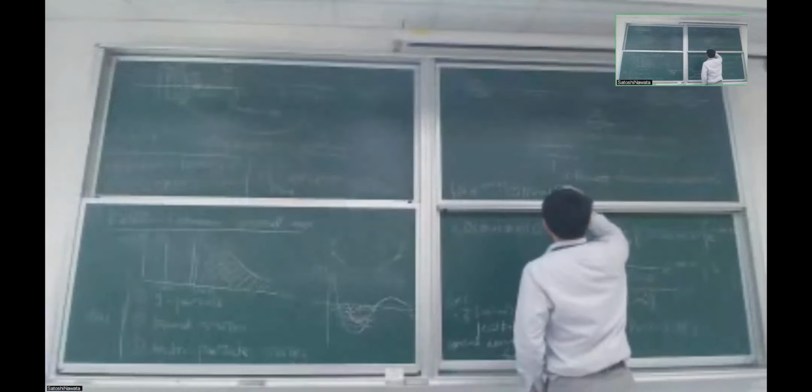So phi, psi bar, omega is again the same thing.